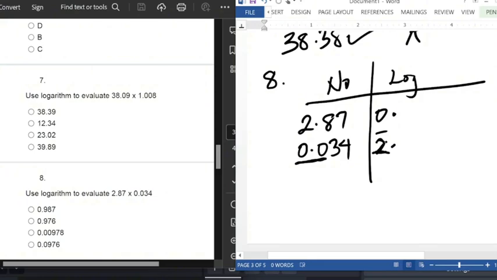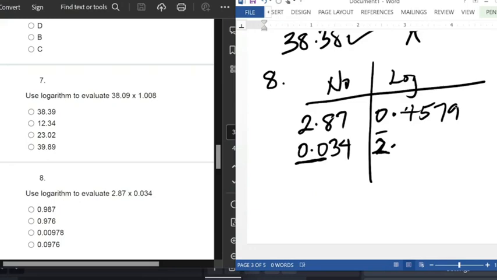So we can then go ahead to find the log of 28 under 7. The log of 28 under 7 is 4579. While for this one, it is just 34 under 0. That's what we're going to check, 34, because we don't have 0.34 on the log table there.